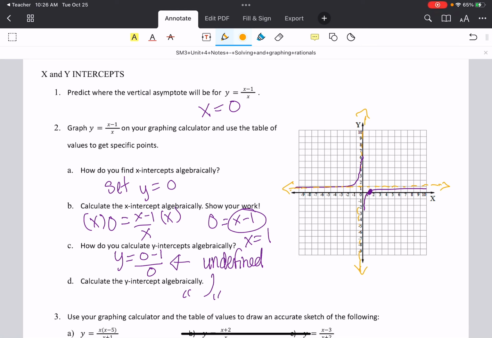So we'll write that. What is that horizontal asymptote? What is the equation of that line? Y equals 1. She got the same thing as me. Well, that's good. Wait, is it good or was it wrong? Okay, let's move on.